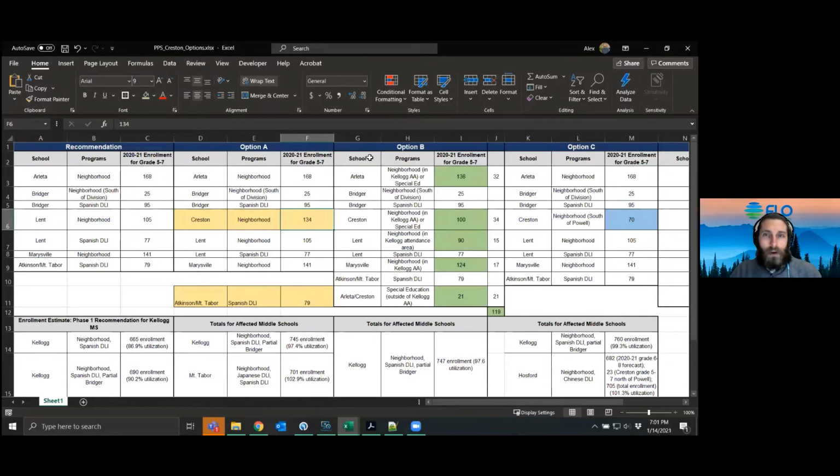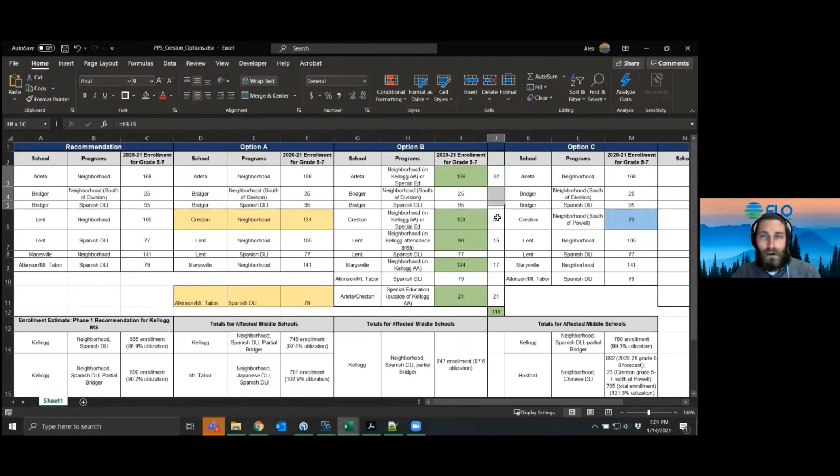And then you have option B, where the students that don't attend their neighborhood school would be sent back to their neighborhood school and could not attend Kellogg. The cells highlighted in green show that, where Arleta, 168 live in that attendance area and would become feeding into Kellogg. In option B, that drops down to 136.